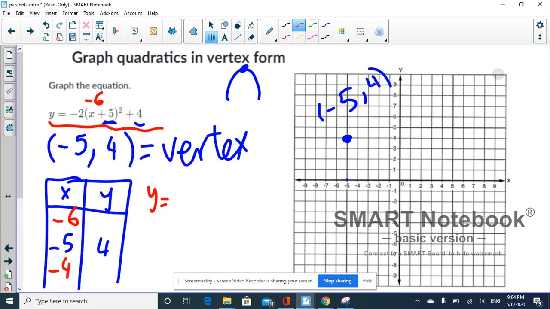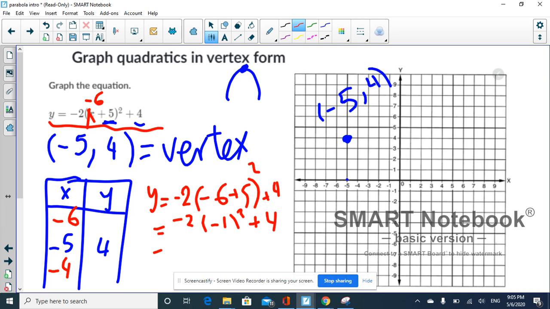I will write it here. y equals -2 times, I will change x and put -6 instead, plus 5 squared, plus 4. So when x equals -6, y equals -2 times (-6 plus 5), which is -1 squared, plus 4. -1 squared is +1, and -2 times 1 is -2. -2 plus 4 equals what?